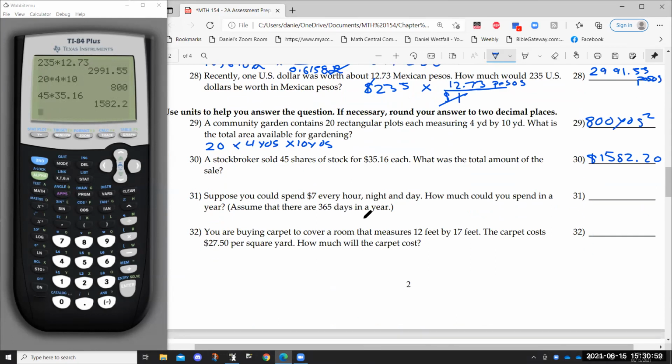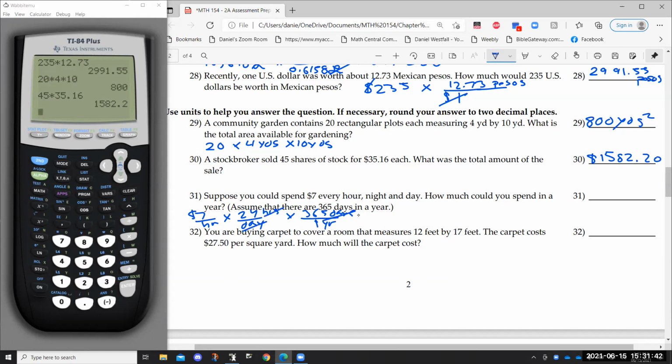Suppose you could spend $7 every hour, night and day. How much could you spend in a year, assuming there's 365 days in a year? So $7 per hour times 24 hours per day times 365 days per year.